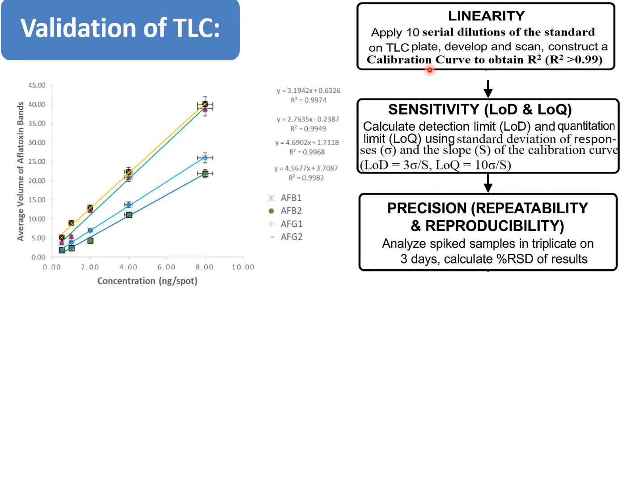While reproducibility is a variation that is obtained when the analysis is performed across different laboratories. High precision indicates that the method gives a very similar result each time it is applied under these various conditions.